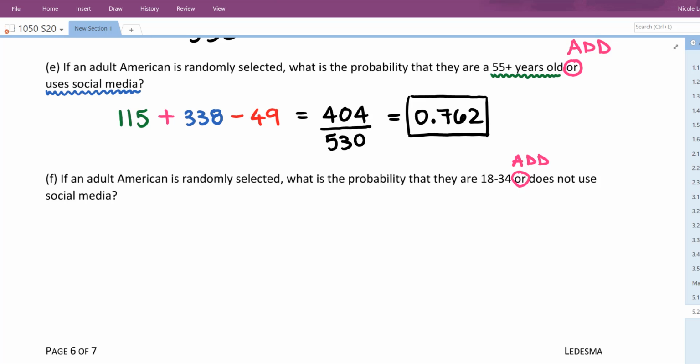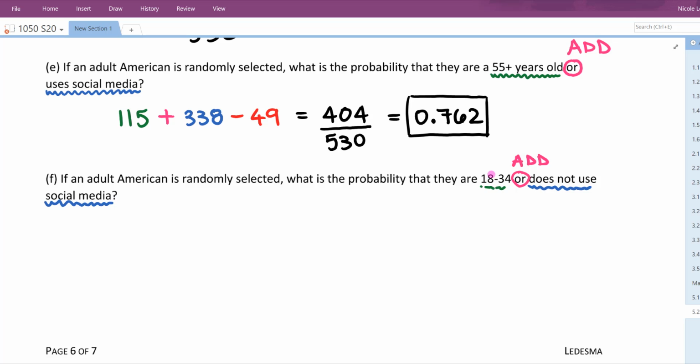Our two groups here are 18 to 34, and does not use social media is our other group. We'll add those two totals together, and if there's any overlap, any number that we double count, we'll also have to subtract that out.